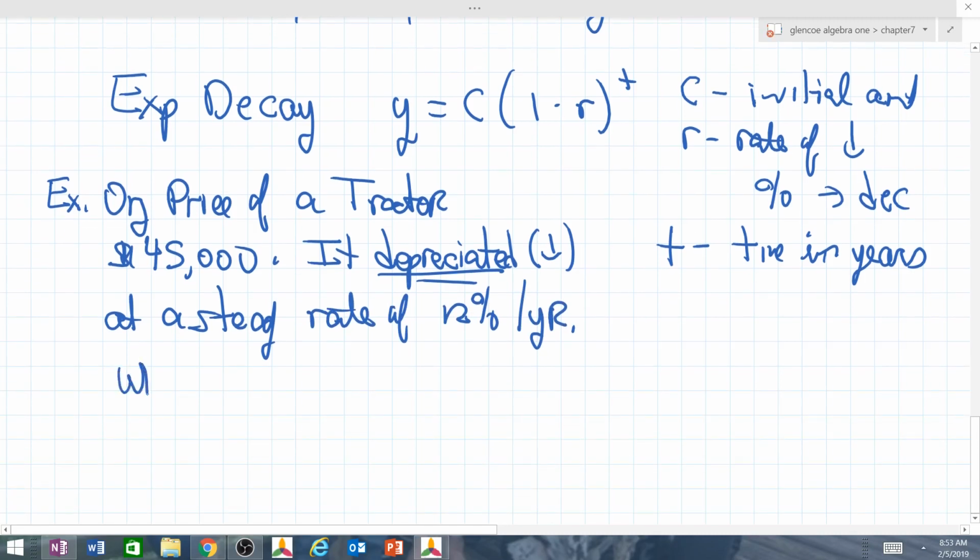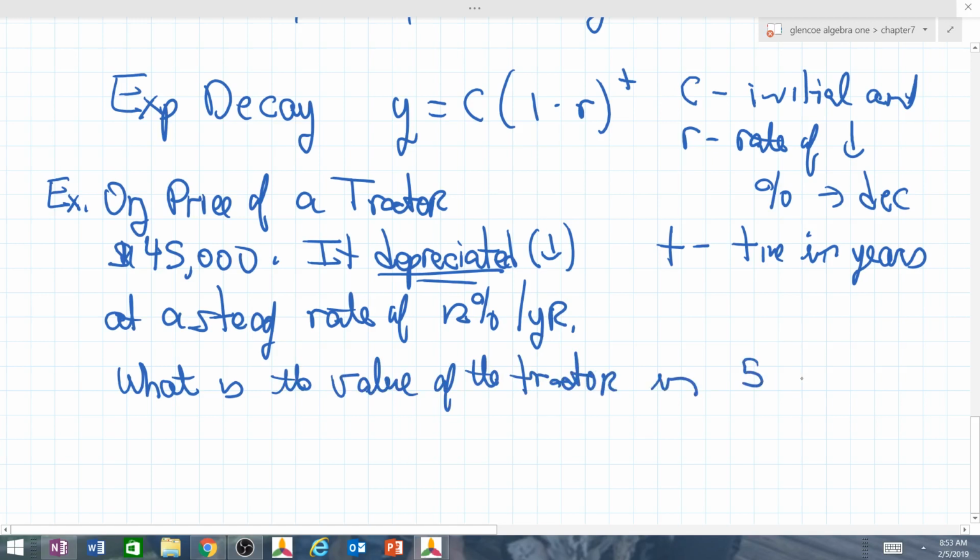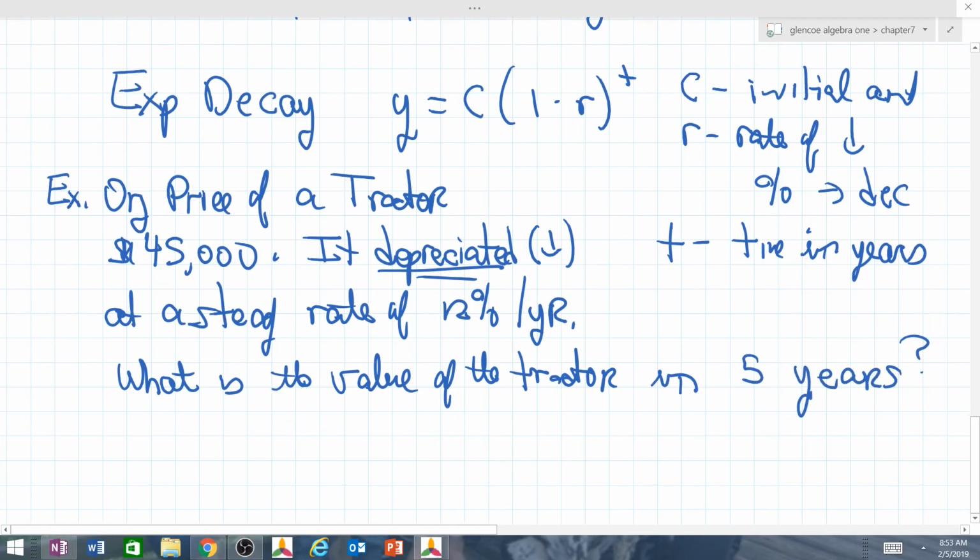And I'm just going to do the problem one time instead of writing the equation and then doing it. What is the value of the tractor in 5 years? You're going to be shocked to see how much it depreciates.